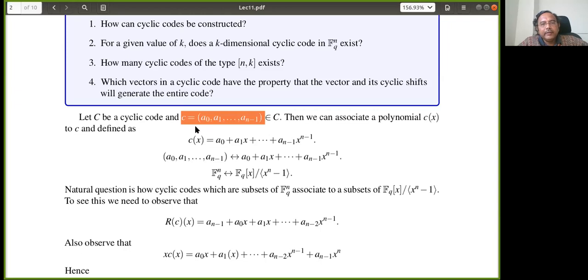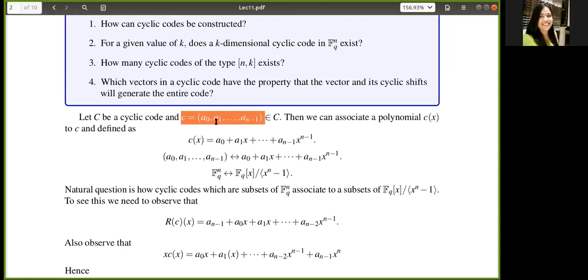C equal to a0, a1, a2 up to an minus 1 is a code word in code C. What is R of C, the right shift of this code word? It is an minus 1, a0, a1, up to an minus 2. Correct.